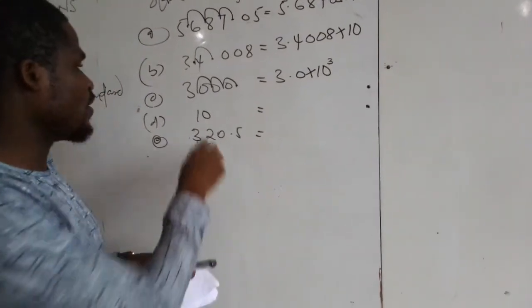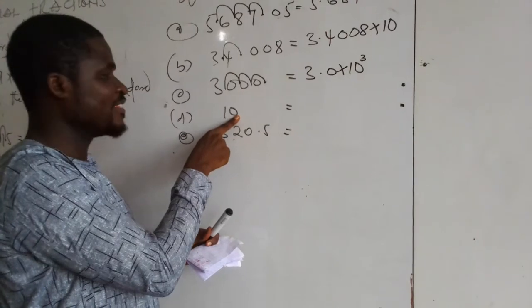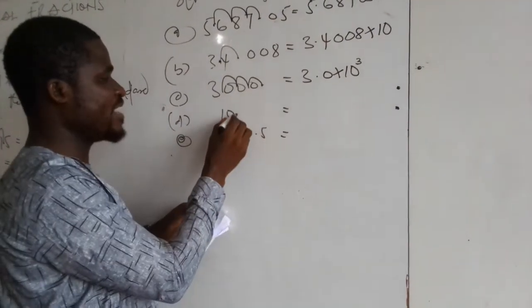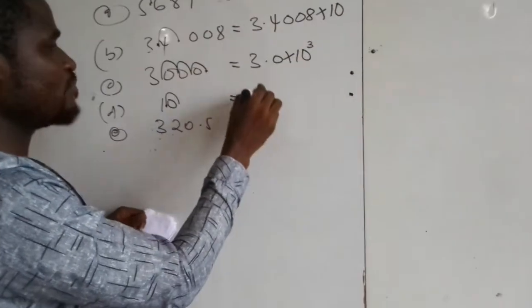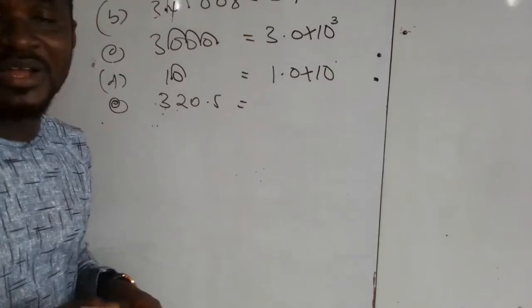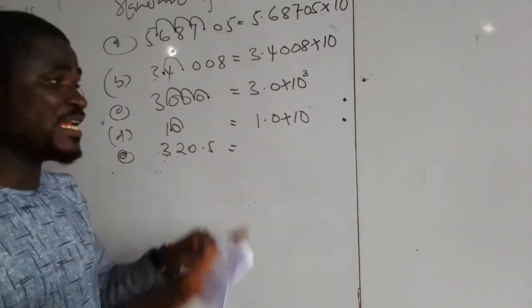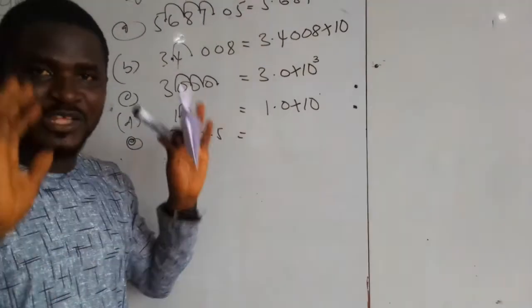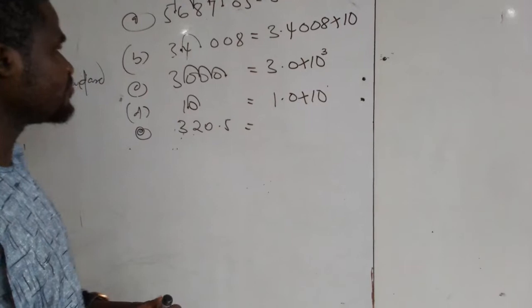Good. Now let's go to the next one. It's 10. So I'm going to start from here. 1. I moved 1. So I'm going to have 1.0 times 10 exponent 1. But we don't write that 1. So take note. We don't write that 1, because any number standing on its own is exponent 1.